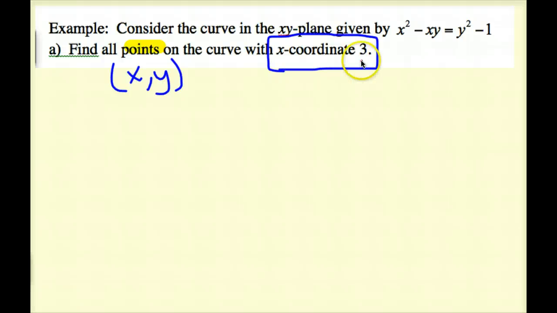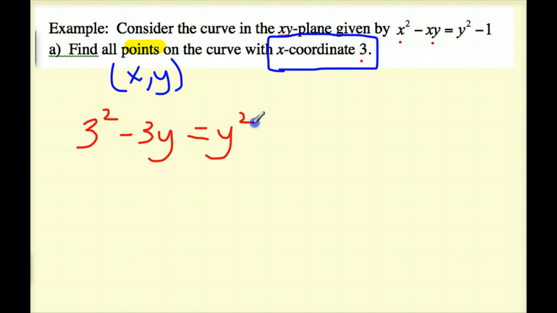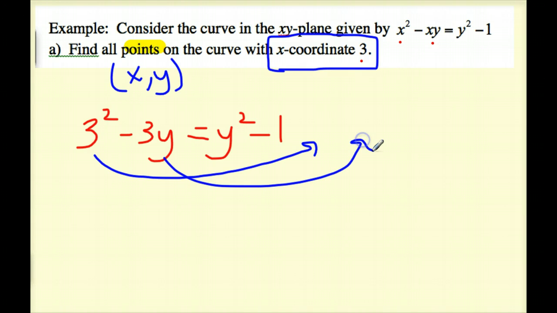So I'm going to plug 3 into every x right here. So I get 3 squared minus 3y equals y squared minus 1. So now you might be asking, how do I find these y's? Well, in order to find these y's, what we're going to need to do is use some algebra. I'm going to move this to this side as well as this to that side.